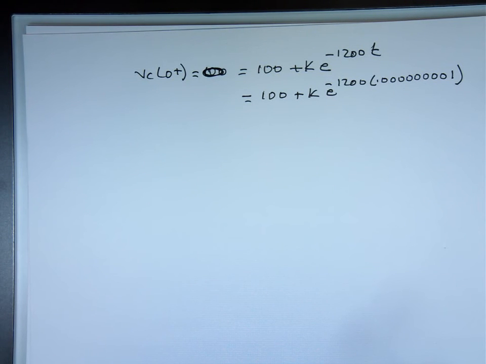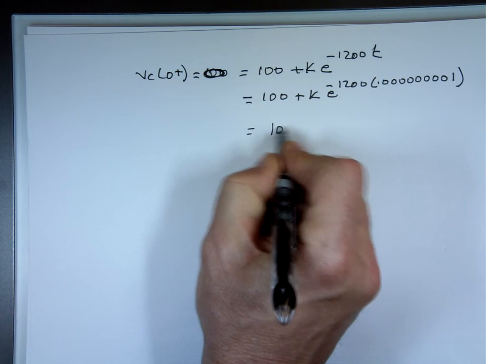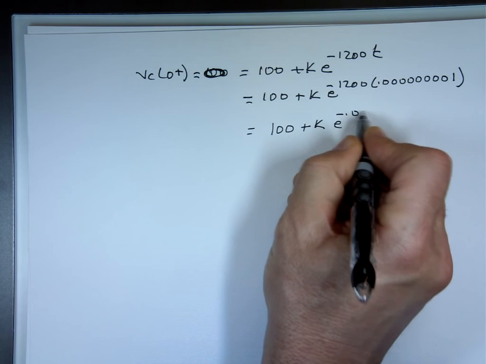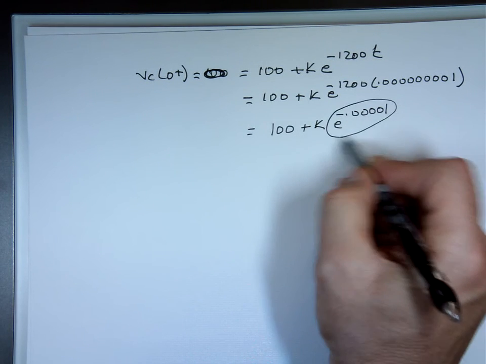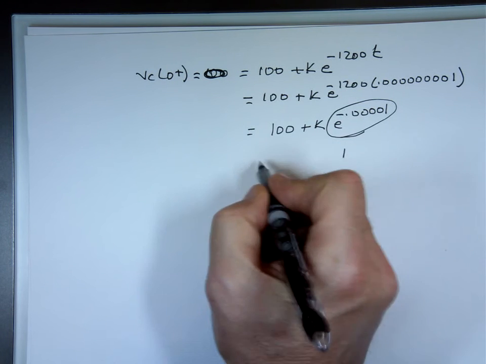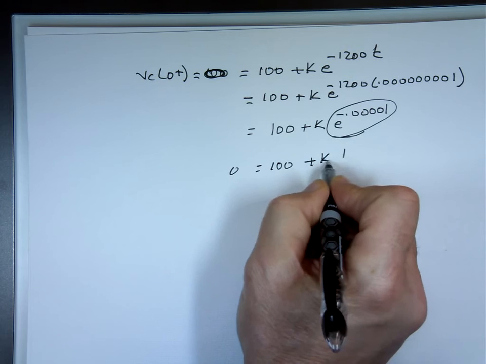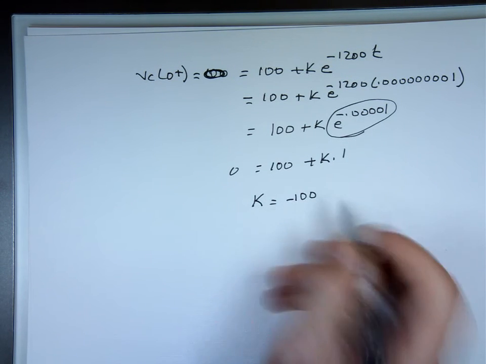What are you going to have? Almost e to the 0. That number is so small that the exponential is going to be a 1. So K equals negative 100.